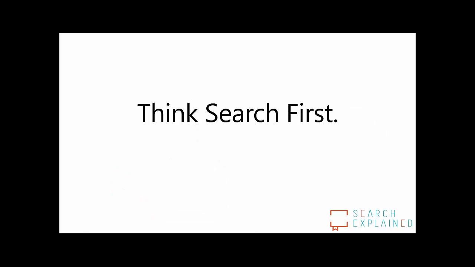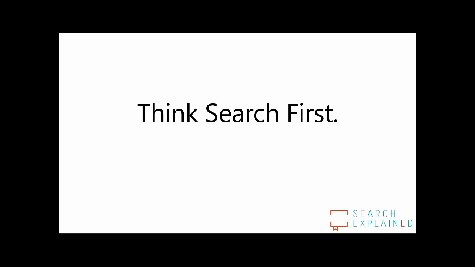So first of all, whenever you think about the content, whenever you think about how to store, how to organize your content, think search first. Think findability first. Usability and findability are very important for the content. You have to think about how your users will be able to find the content.